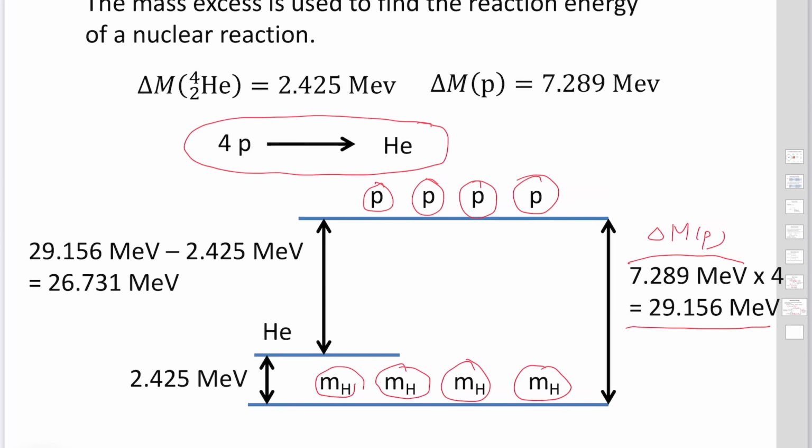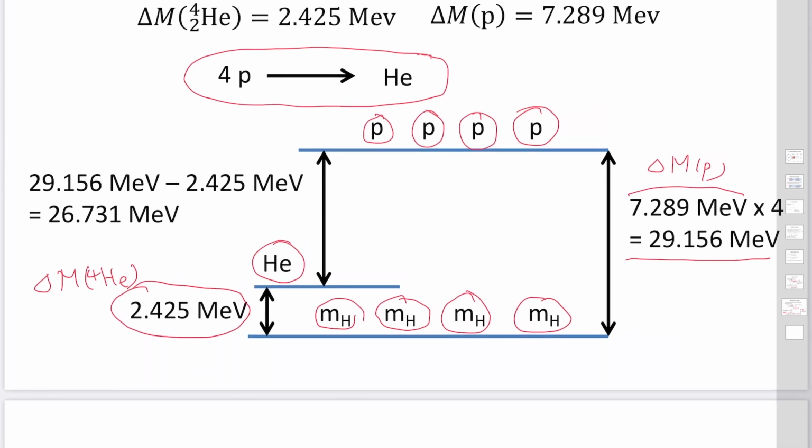Also for helium-4, we have the mass excess of helium-4. It's going to be 2.425 mega electron volt, from the mass excess delta M of helium-4. We have these two data. From these data, you can calculate the produced energy.